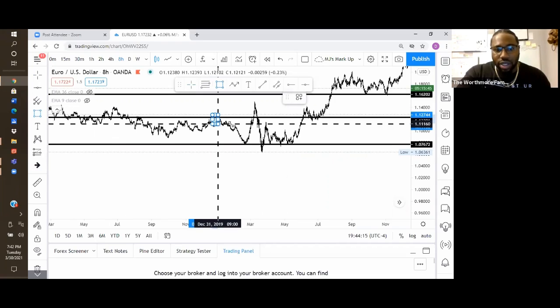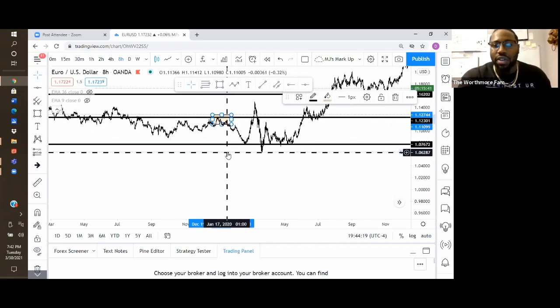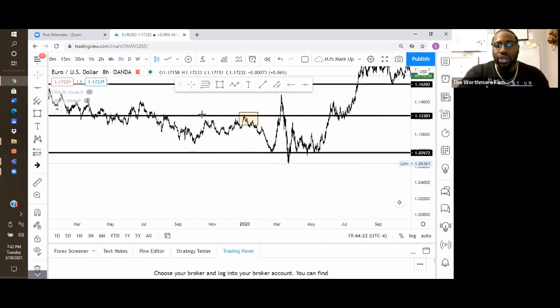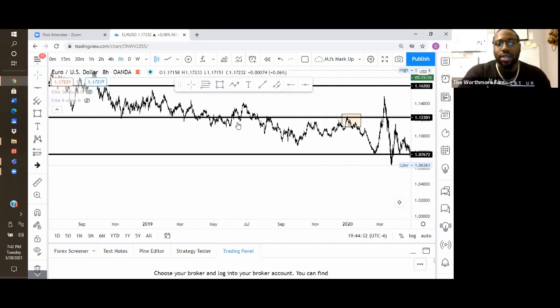So we're going to draw a box over this. It's acted as a resistance to that price area. What we want to do to really confirm this line as a major area is to see if this line not only acted as a ceiling here, but maybe acted as a floor once before in the past. And as we see, it has, right?